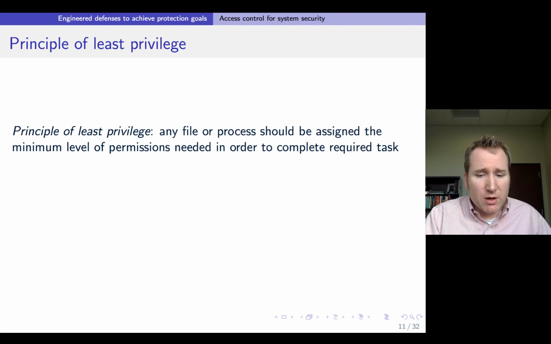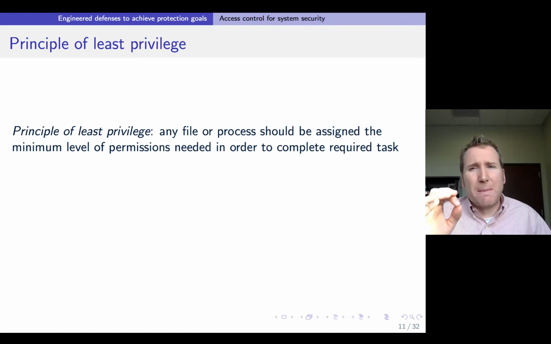We will talk about one last component, which is the principle of least privilege. So this is a design strategy that is used in order to try to mitigate the risk of information security threats. What the principle of least privilege states is that any file or process should be assigned the minimum level of permissions needed in order to complete a required task.